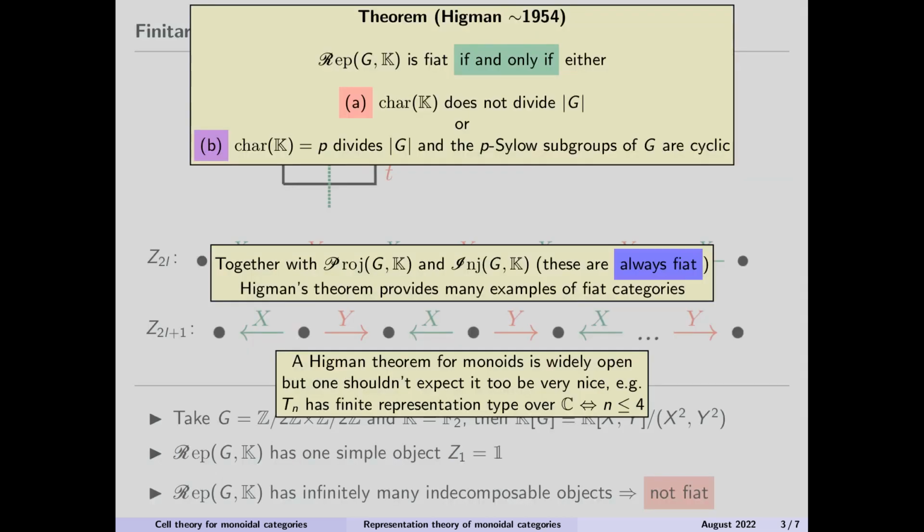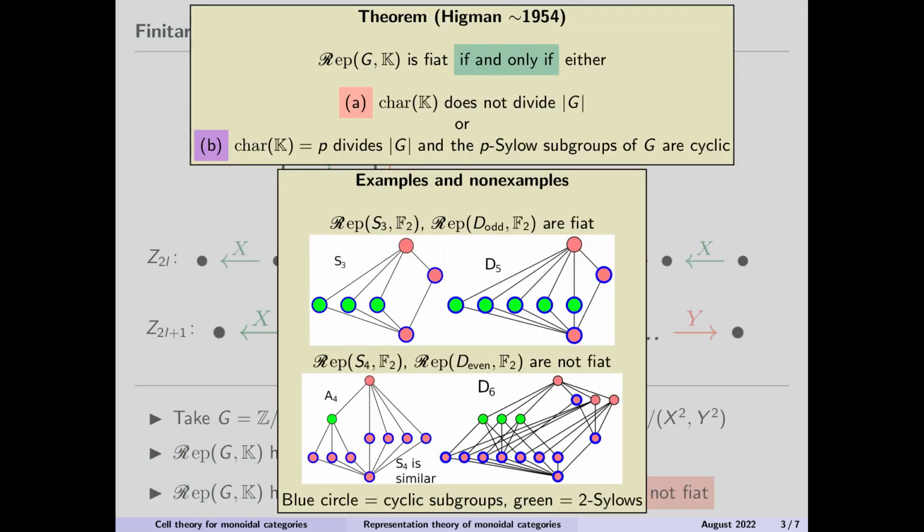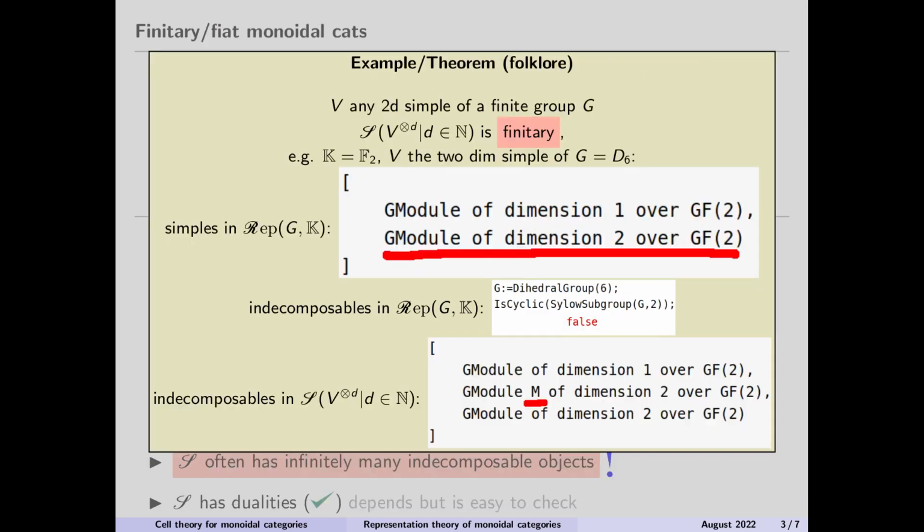D6, remember D6 was here, so the category itself is not finitary, there's infinitely many indecomposables. But if you take this two-dimensional simple, it has only two simples, you just get a category with 3 indecomposable objects. Pretty cool statement. Any finite group, as long as it's two-dimensional, any characteristic.